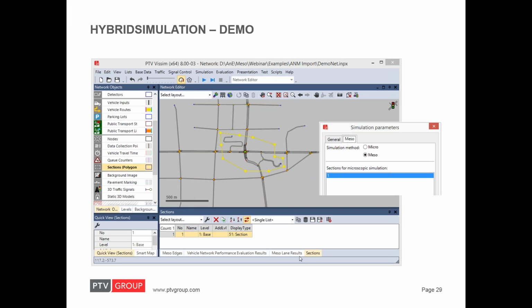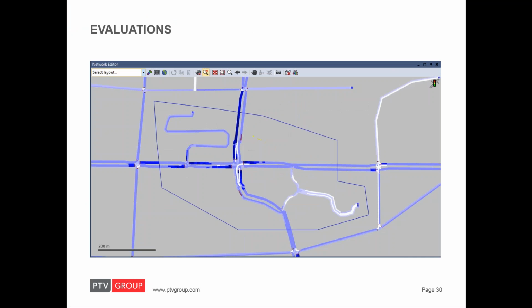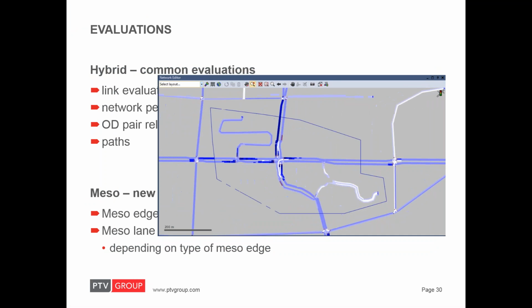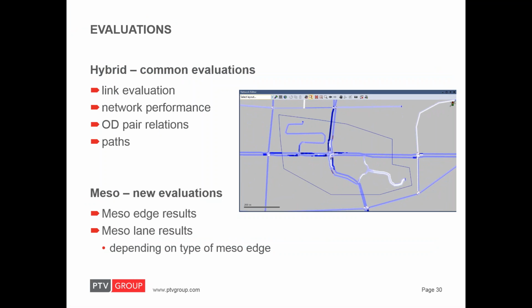So I will go back to the presentation. As we have seen, there are some new evaluations for mesoscopic simulation with a variety of different outputs. And we have also seen that some options are commonly produced for the entire model if, for example, you choose to model a hybrid model.